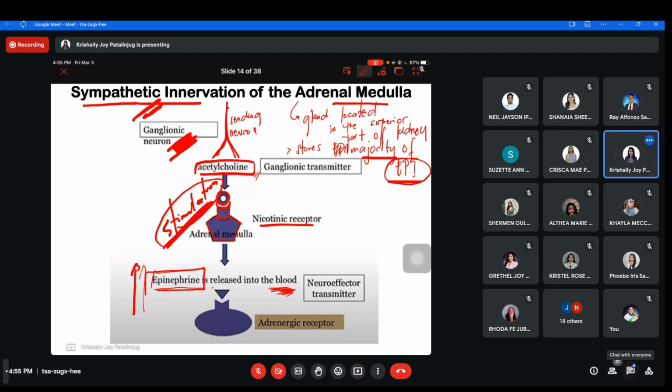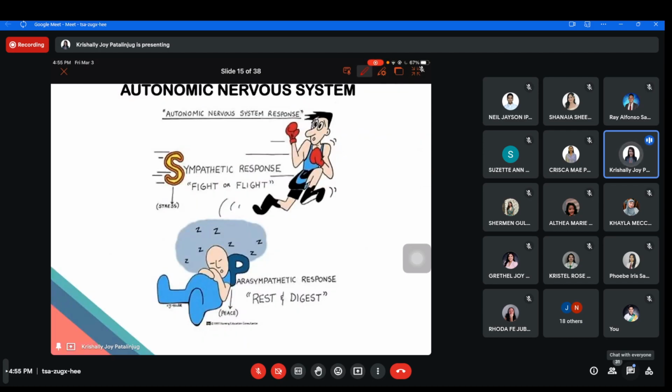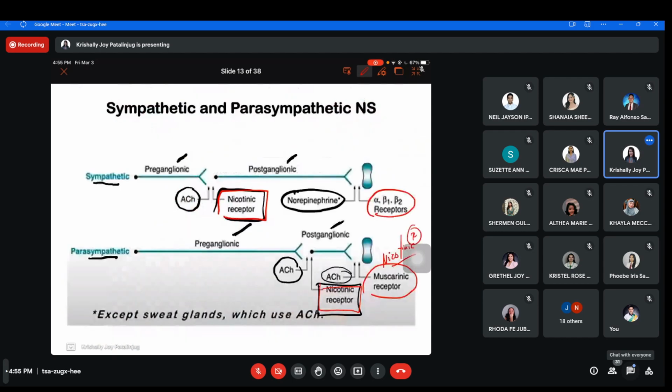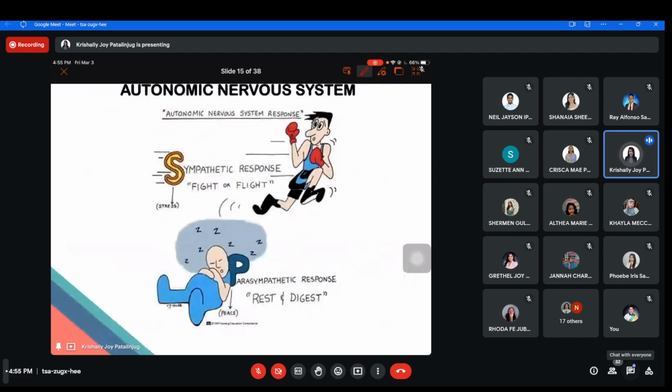Okay, sige, next. Now, since under autonomic nervous system, di ba, we are done with distinguishing the differences nila sa sympathetic and parasympathetic nervous system based on anatomy, based on anatomical structure. This time, yung i-discuss naman natin are the differences of the two subdivision, sympathetic, parasympathetic.